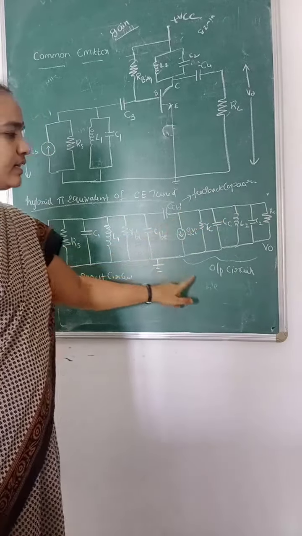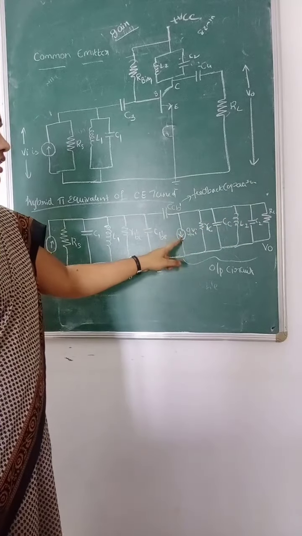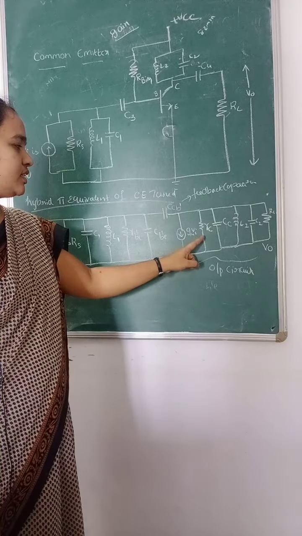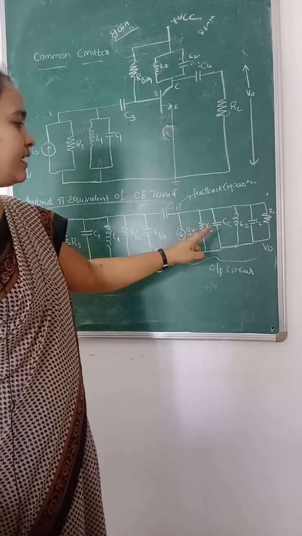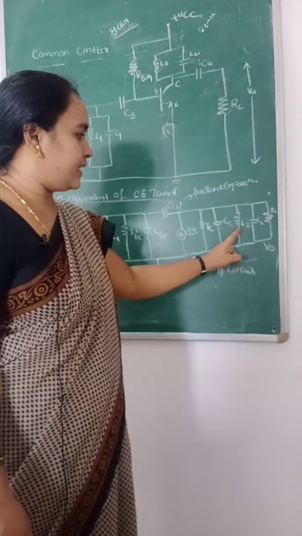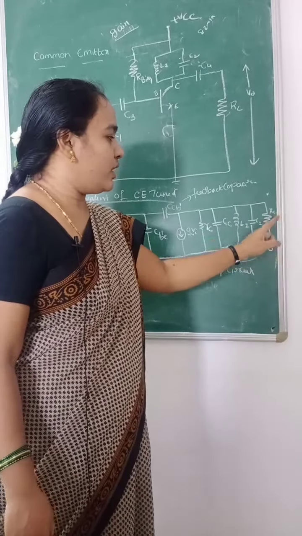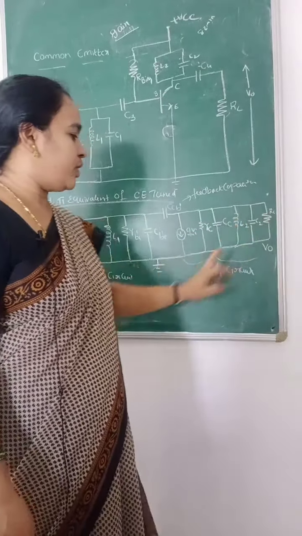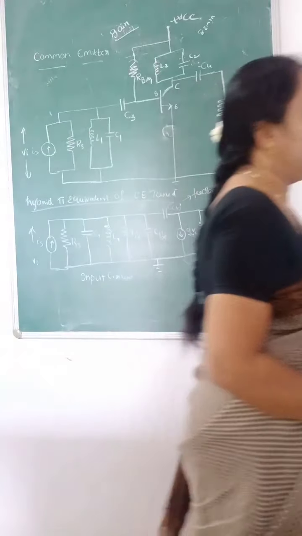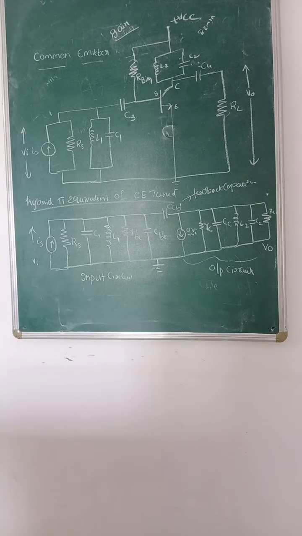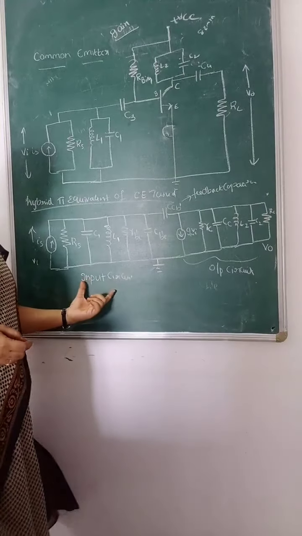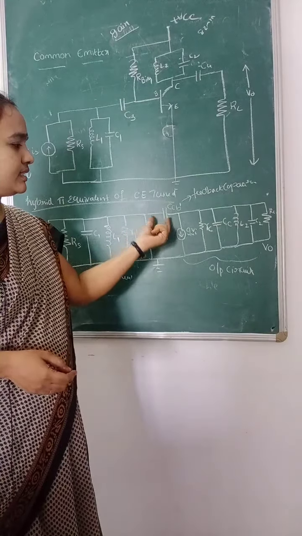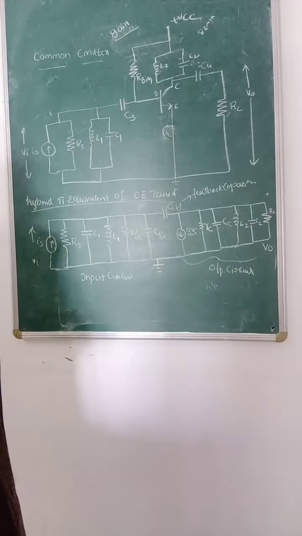This total combination of current source in combination with output resistance, output capacitance, in parallel with the tank circuit components, that is L2 and C2, and the load resistance, this total section corresponds to the output circuit. So this is the input circuit, this is the feedback capacitance, and this is the output capacitance.